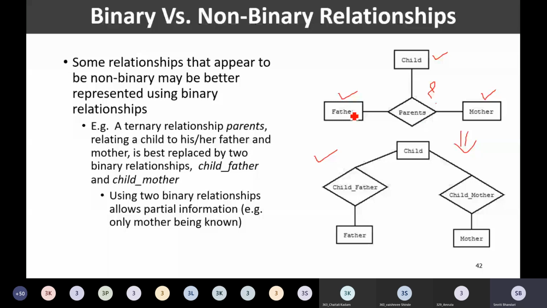So I may have the child ID, the father ID, and the mother ID. Let us assume these are the primary keys of these respective entity sets. So to denote a relationship in this parent, I must have the child ID, the father ID, and the mother ID. Are you getting me?